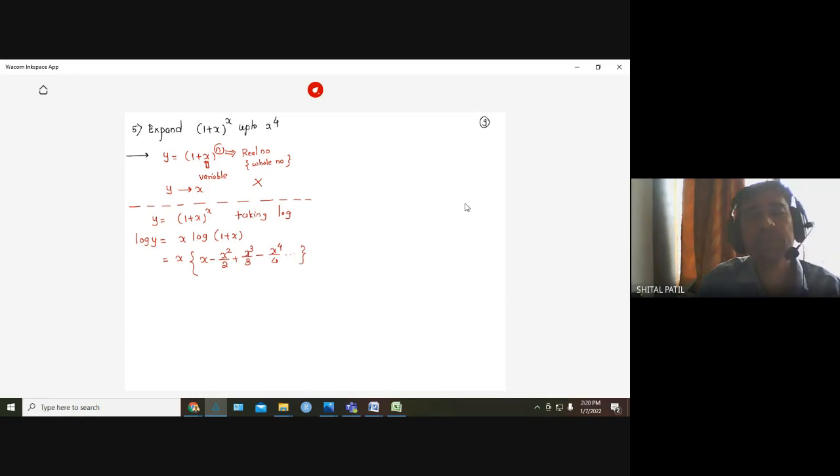Simplify this, multiplied by x. So x square minus x cube divided by 2 plus x raised to 4 divided by 3 minus x raised to 5 divided by 4. Okay, let me consider this as a z. We'll understand why I'm considering this as a z.